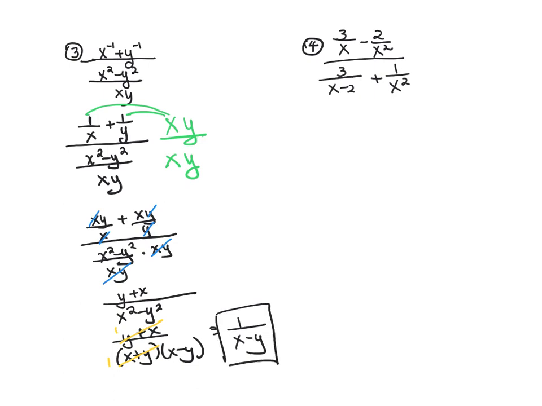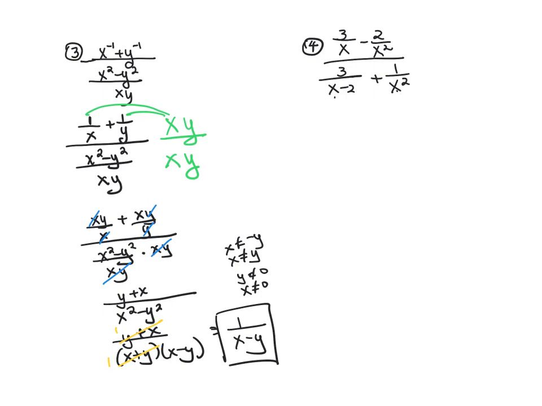And it's understood that x cannot equal 0, y cannot equal 0, and x is not equal to y, or x is not equal to negative y. These are all implied in that fraction. Okay, now in number 4, we have 4 denominators. X squared again, and x minus 2.